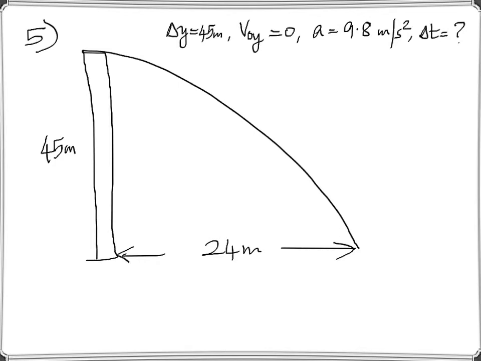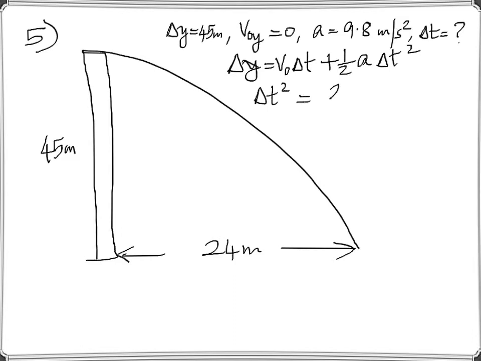And delta y is 45 meter. So use this equation to get delta t squared is equal to 2 delta y by a.